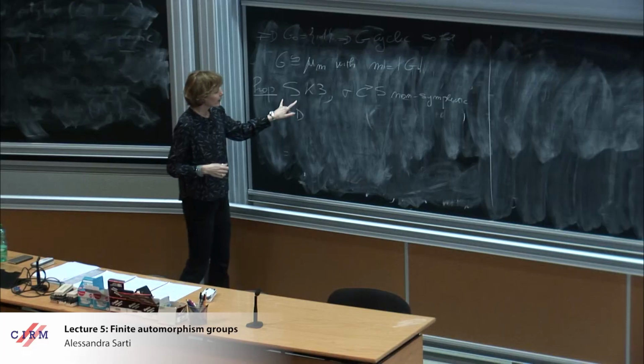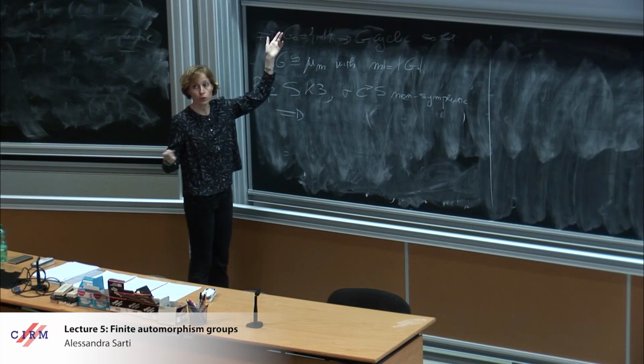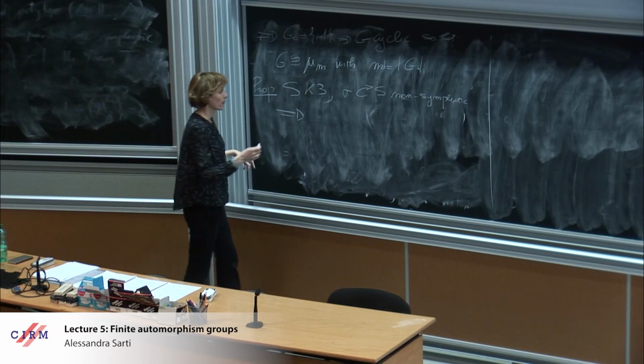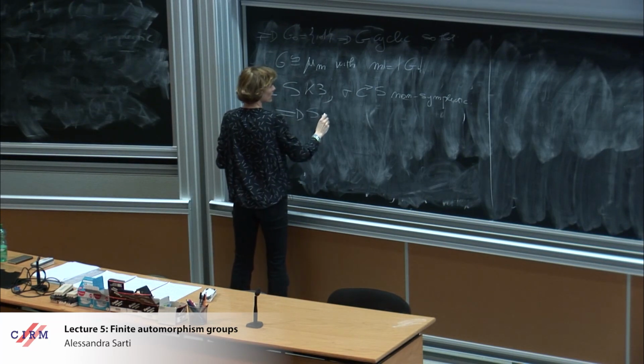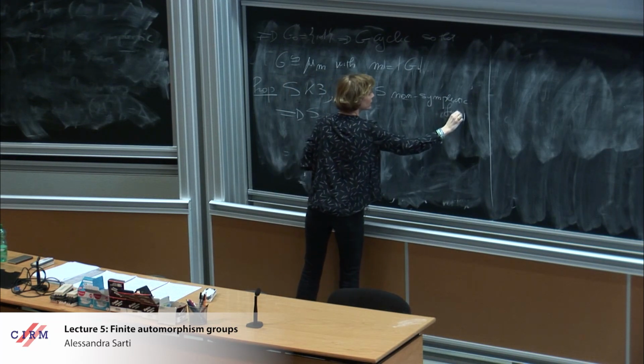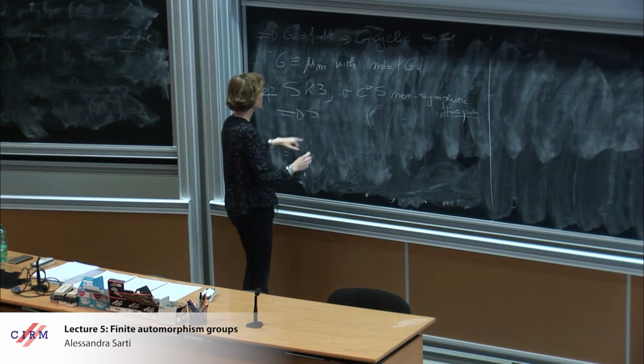Now, if you have a non-symplectic automorphism, so this definition you can give for projective or not, it does not depend, then you know that your K3 is always projective. And I mean, always finite order, okay? This is also important. Then S is projective.